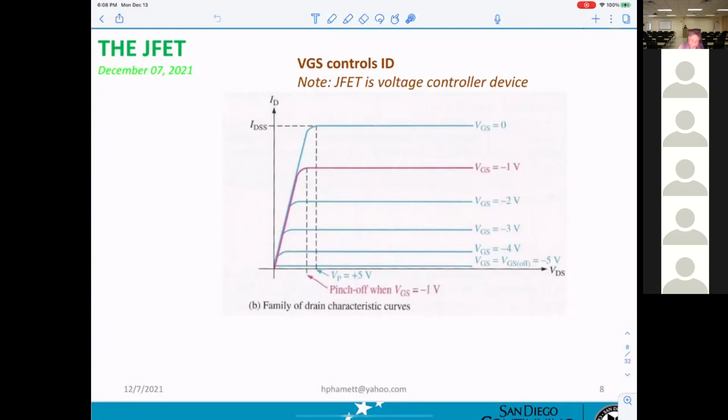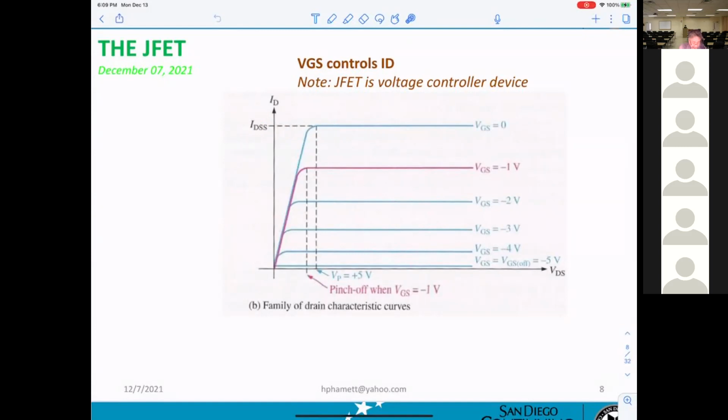For example, VGS equal minus 4, minus 3, minus 2, or minus 1, up to the point VGS equal 0, where you're looking for ID. Then you see ID equals IDSS.